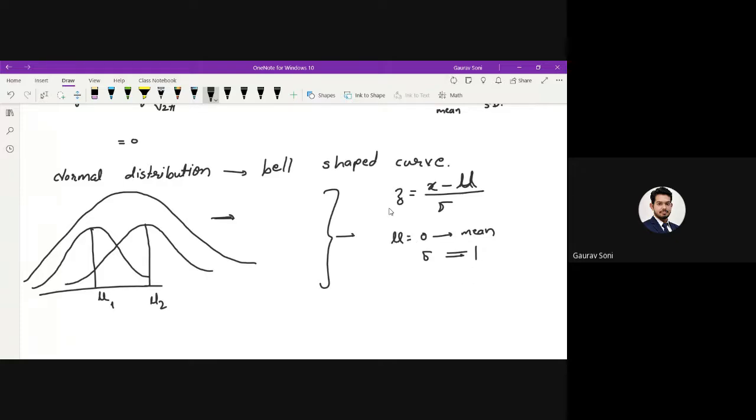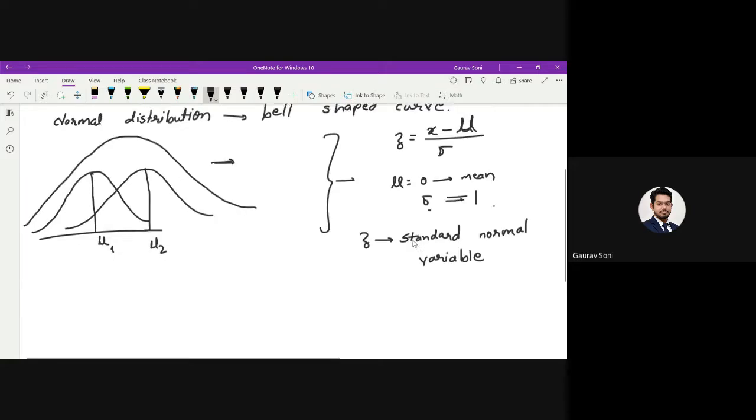So once we change this variable, the new variable Z, what is it called? Z is called the standard normal variable. Standard normal variable.